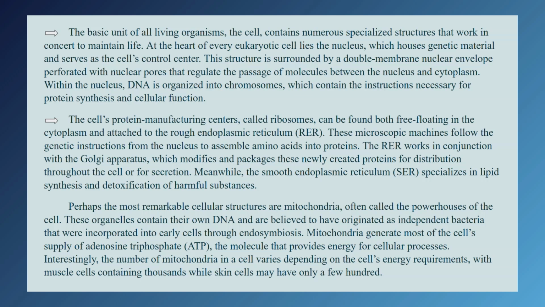The RER works in conjunction with the Golgi apparatus, which modifies and packages these newly created proteins for distribution throughout the cell or for secretion. Meanwhile, the smooth endoplasmic reticulum, SER, specializes in lipid synthesis and detoxification of harmful substances.